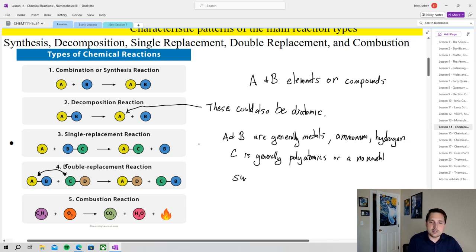So we're switching the cations here. So assume, for most cases, these are ionic compounds.